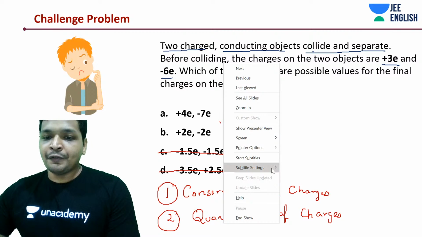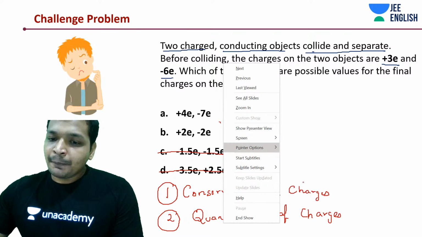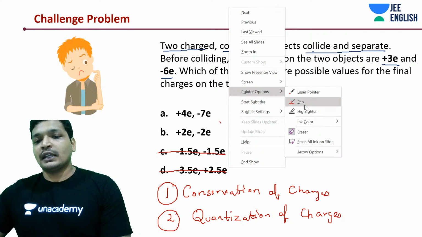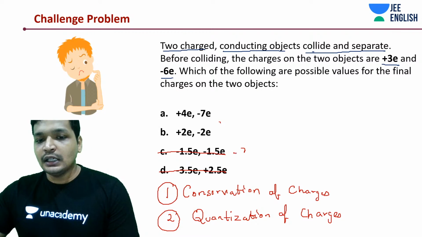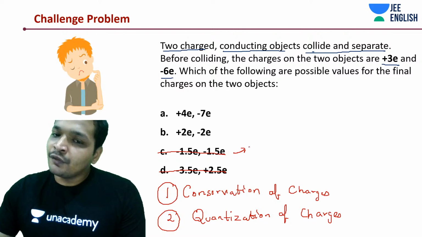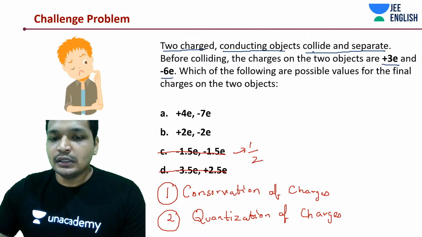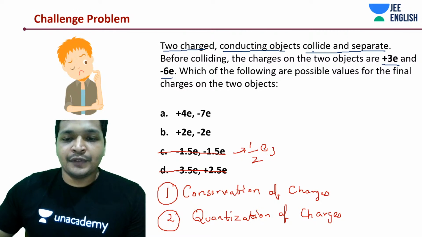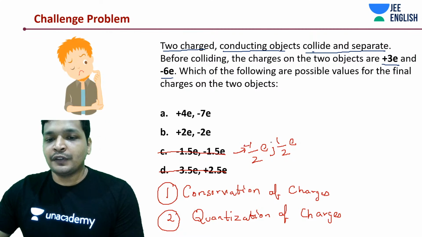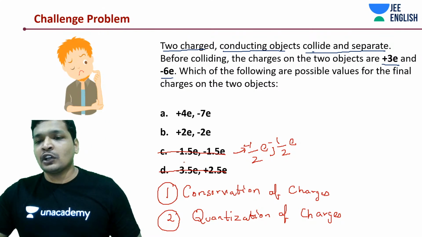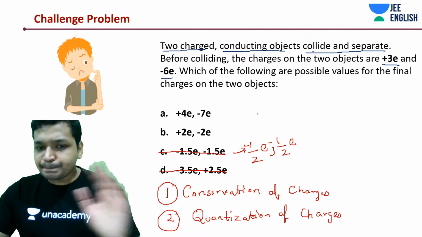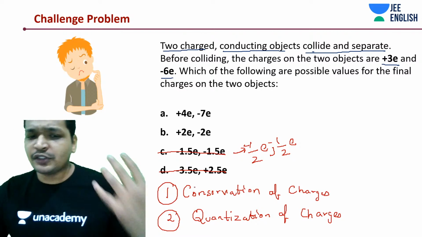Half of e, there are proposed particles like quarks, etc. They can have fractional e, but a system as a whole cannot have fractional e. As far as our exams are concerned, it cannot have minus half e and minus half e. So let's say one of the objects is object A and the other one is object B. Minus half e charge is not possible.